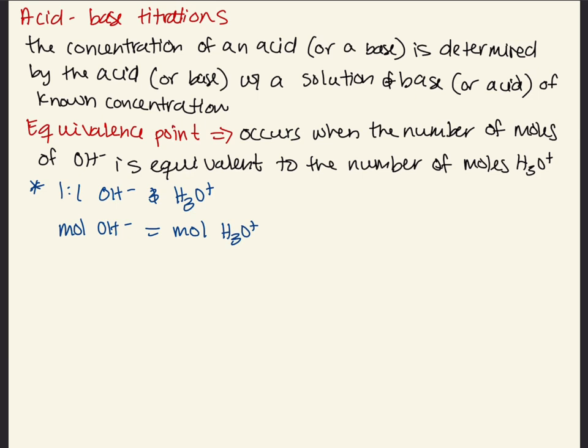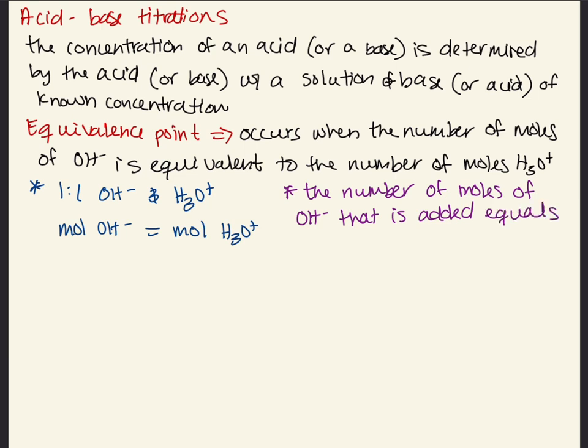So another way you can look at this is the number of moles of the hydroxide that is added by the titration equals the number of moles of the hydronium ion that is present in that acid solution.